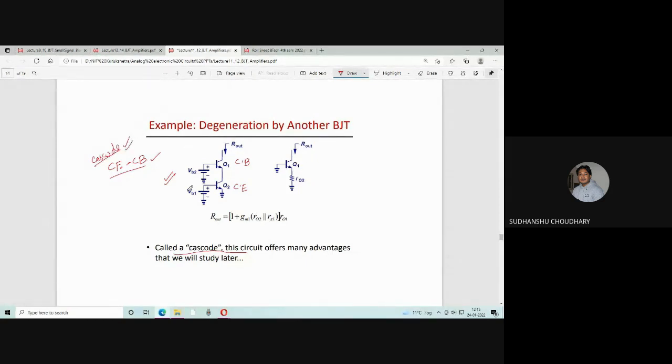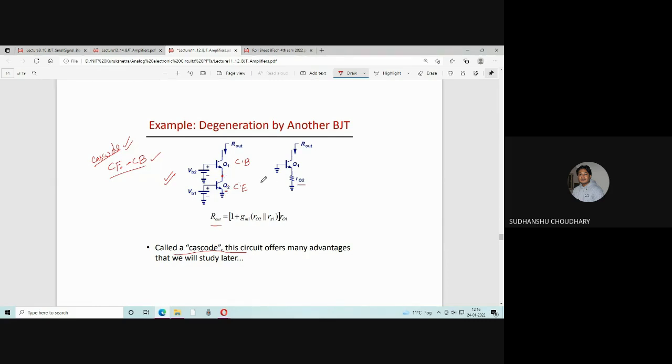But let us say that now we have this circuit and we want to find out the output impedance. For finding out the output impedance of this, let us assume that this point represents the output impedance of Q2. So the output impedance of Q2 is RO2.